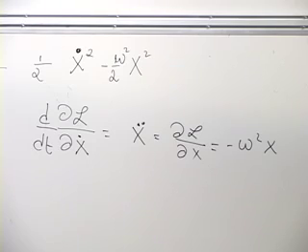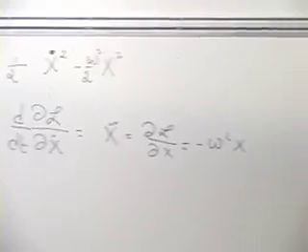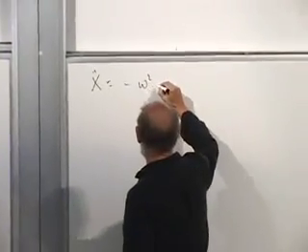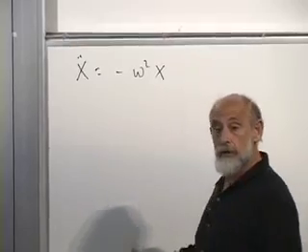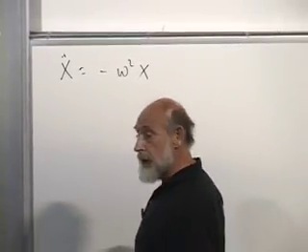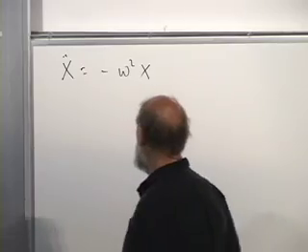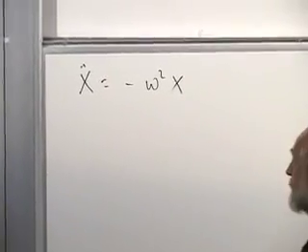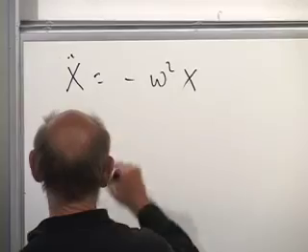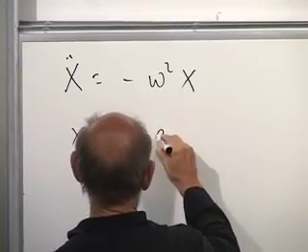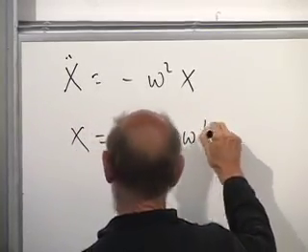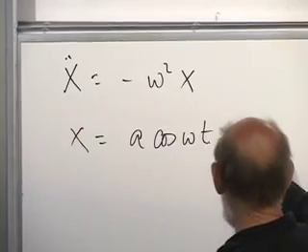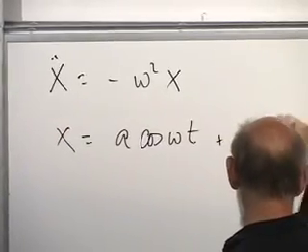Okay, so that's the equation of motion: x double dot equals minus omega squared x. And the solutions to the equations of motion are sines and cosines. The solution of this kind of equation is x equals a times cosine omega t, same omega, plus b times sine omega t.